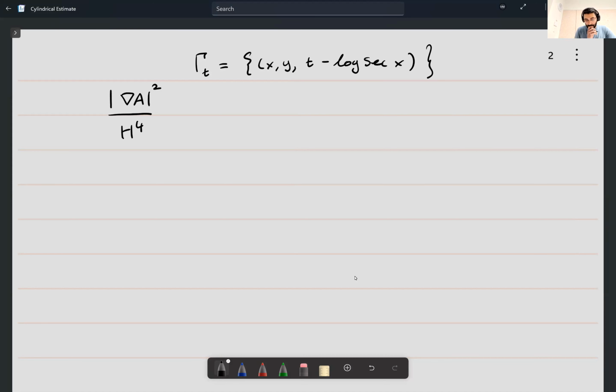And if I calculate this, actually I think this has to be cos, and then I get something like tan squared x.